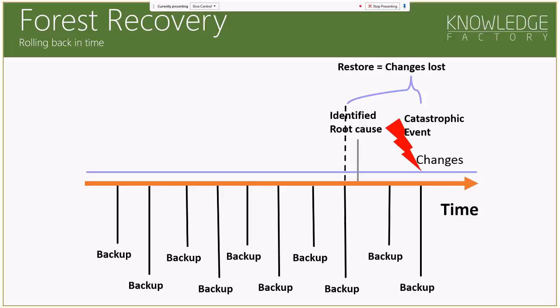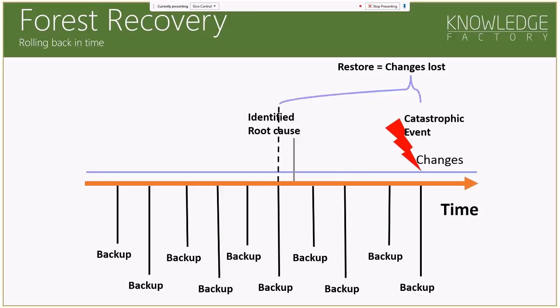So the closest backup to the identified root cause needs to be used. That means all your changes from the backup you use to today are lost. If you are really unlucky, there's 6 months or 8 months gone. There's a lot of information lost.